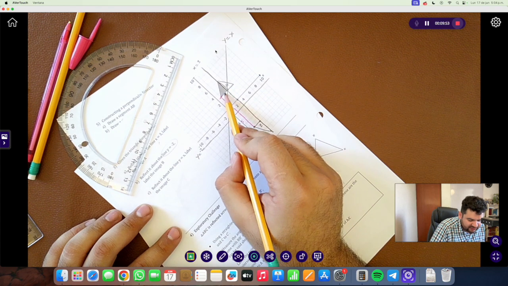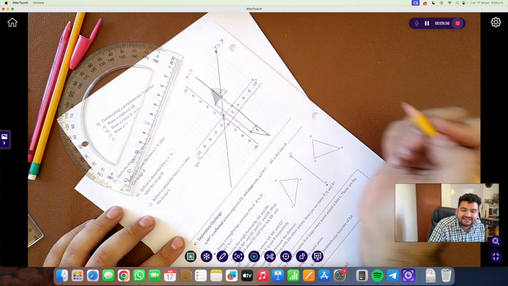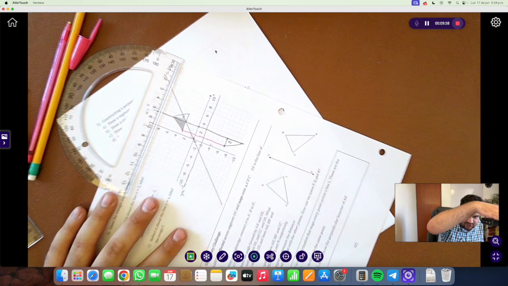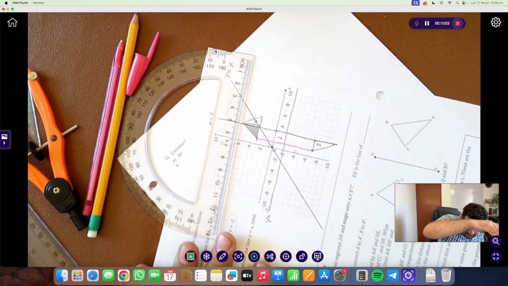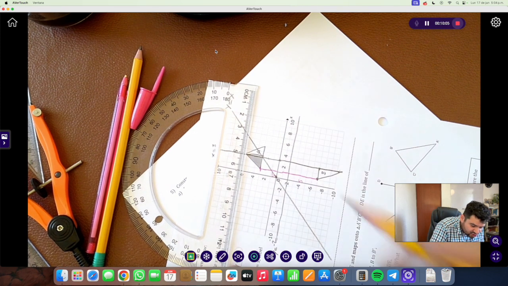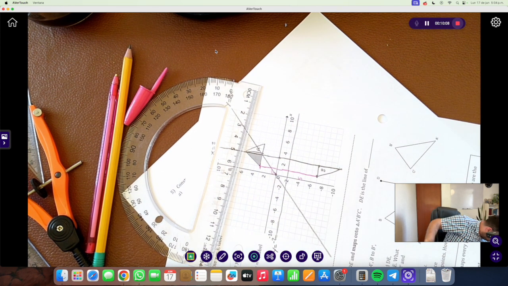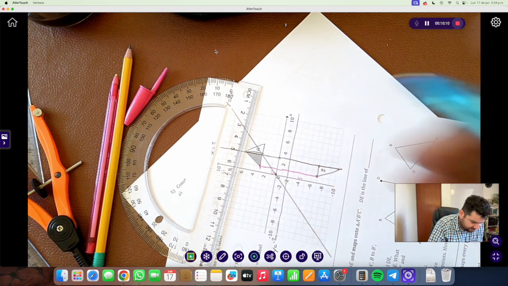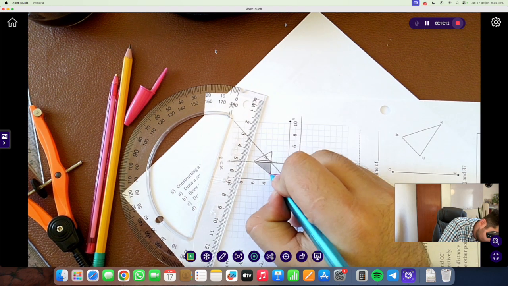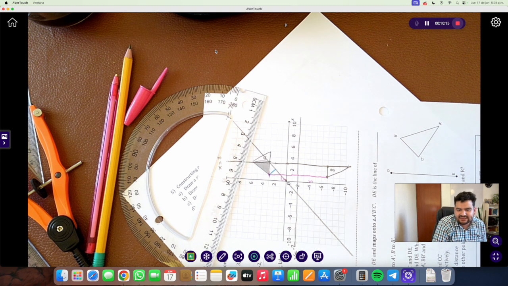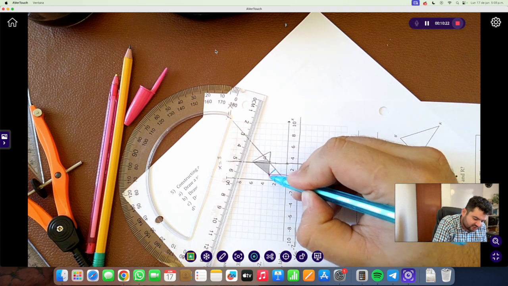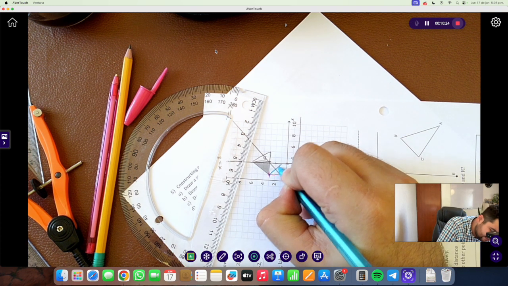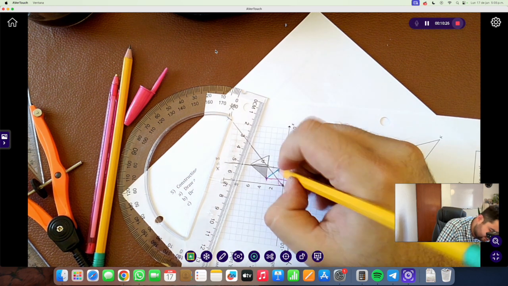And now, if I reflect over this line, I need to keep the same distance. I would like to zoom in. Okay, so the distance from this point to the line is one diagonal. Do you see it? The distance from this point to this line is the diagonal of one square. So the distance is going to be also one diagonal. Here is where I put the point.